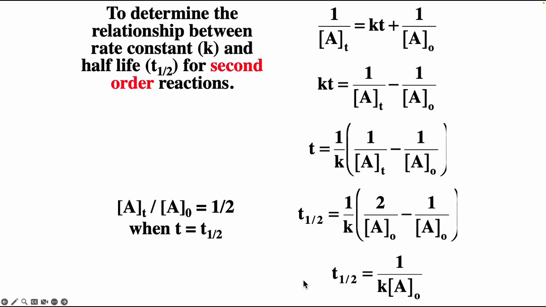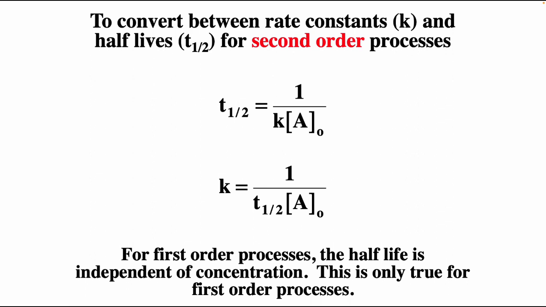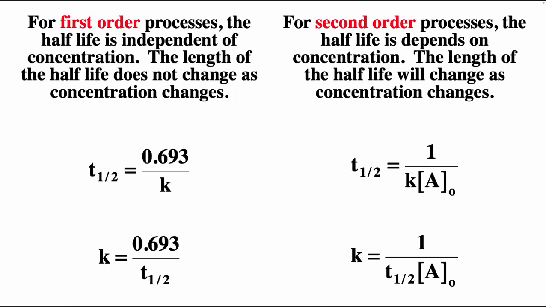For a second order process, the half-life changes as the concentration changes. So I don't really like thinking about half-lives for a second order process. I don't think it's really that helpful. I think when we talk about half-lives, we really should only be talking about first order processes, because the half-life is independent of the initial concentration.